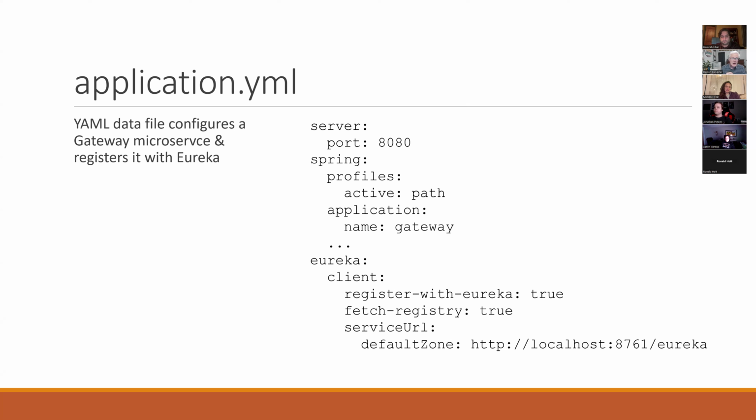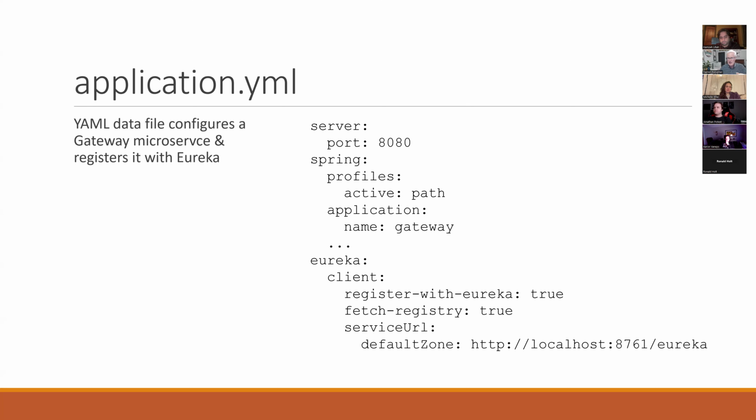First, the application.yaml file is just a configuration file that helps me set up where the gateway is and also where I'm going to use something called Eureka, which is a discovery service or a registry service. It's very simple here. I've got my server, I've got a port, I've got my Spring section.